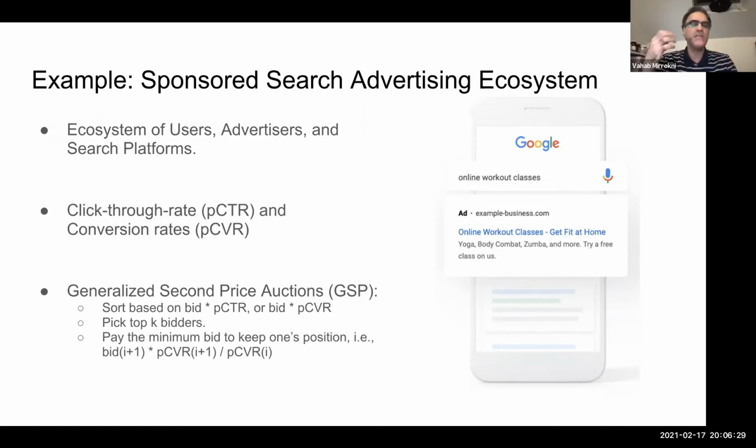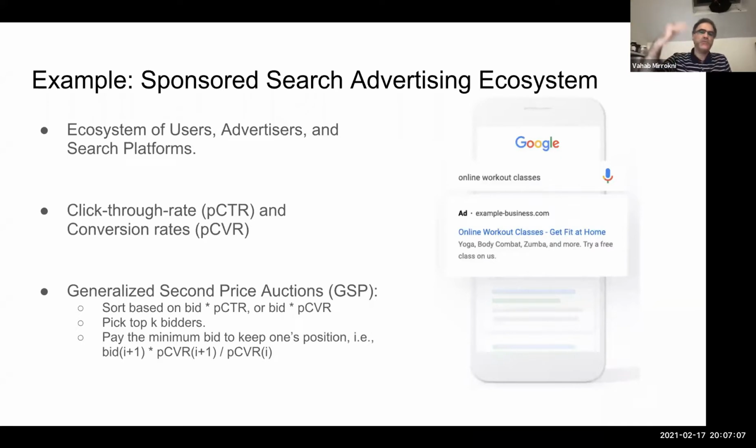This is the probability that when a user sees an ad, they may click on it, or the probability for a user to click and maybe buy a product or download a software or something that we call a conversion. In this context, the common type of auction that's used is called the generalized second price auction. And the idea is to sort ads based on their bid multiplied by the PCTR, the predicted click-through rate, or the conversion rates.